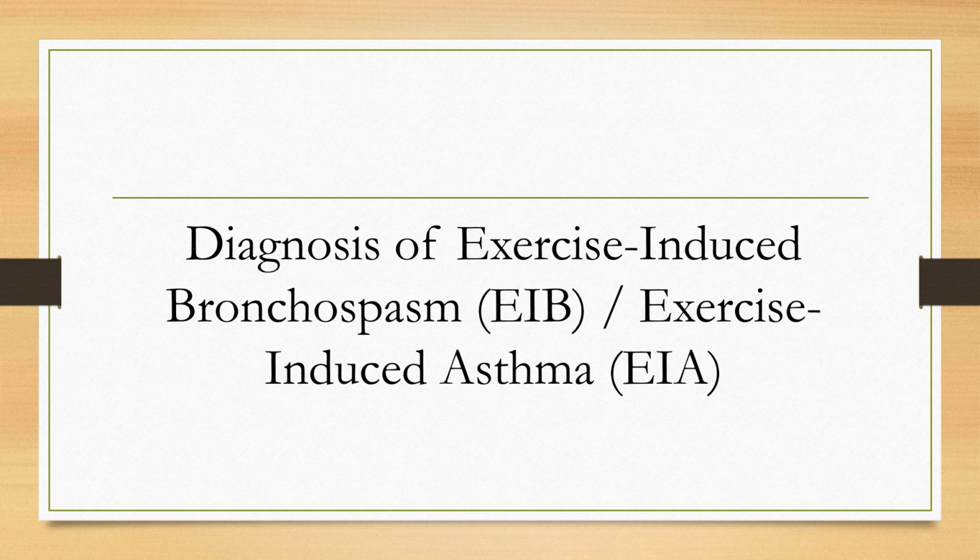It happens to a small population of patients who have asthma where they're well controlled, but all of a sudden when they participate in some kind of physical activity, such as running, they end up having bronchospasm. So the goal for children with exercise-induced bronchospasm or exercise-induced asthma is to manage their asthma to a point where they can engage in sports, run around, and have fun just like anyone else. So I'm going to give you a little background on this.